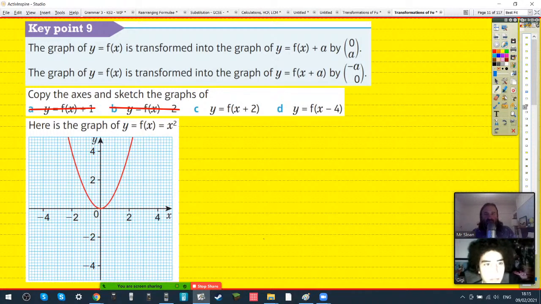Okay, how about this one? Quadratic graph. How will this change?